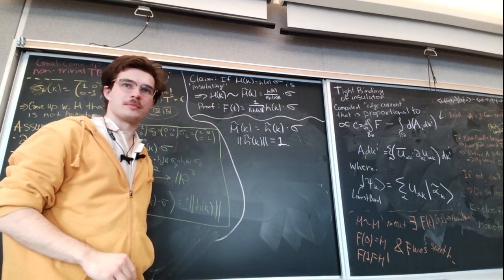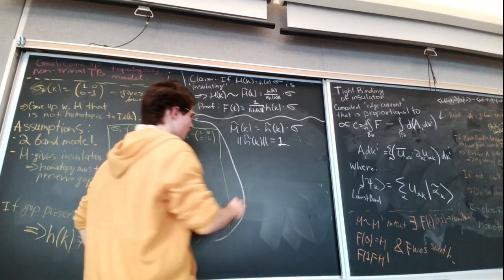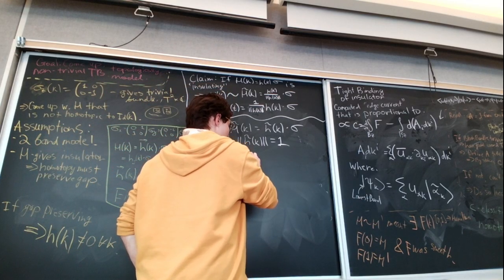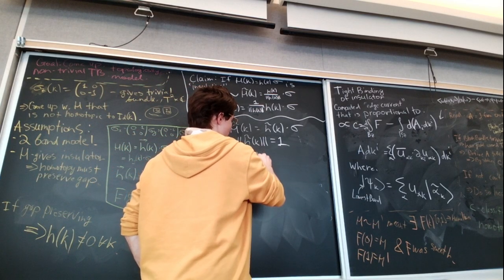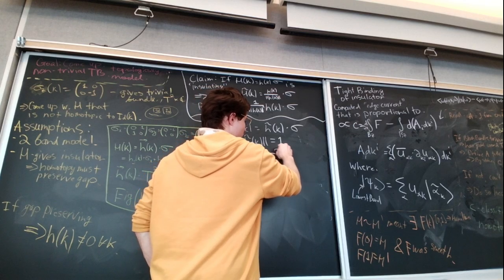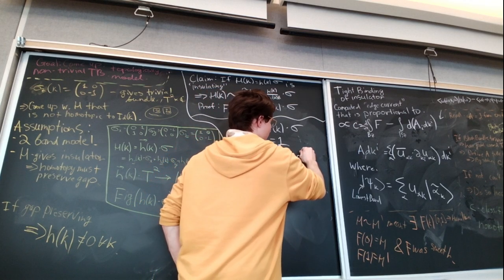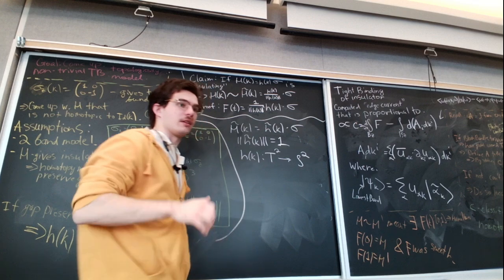Do you agree? It's always a unit vector. So I get that h of k is some map from the torus into the Riemann sphere.